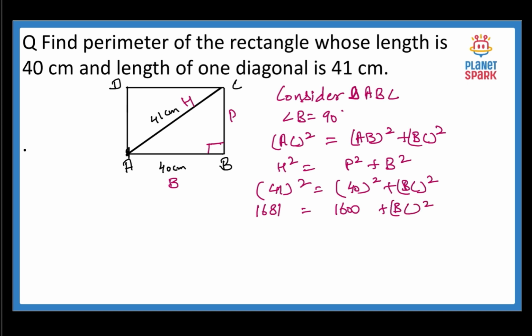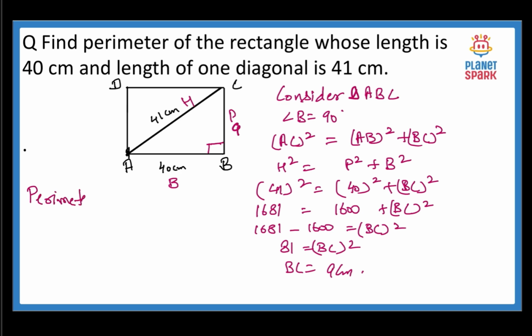Subtracting 1600 from 1681, we get 81 is equal to BC square. To find BC, I need to take the square root of 81, and the square root of 81 is 9. So now we know the side BC is 9, AB is 40.